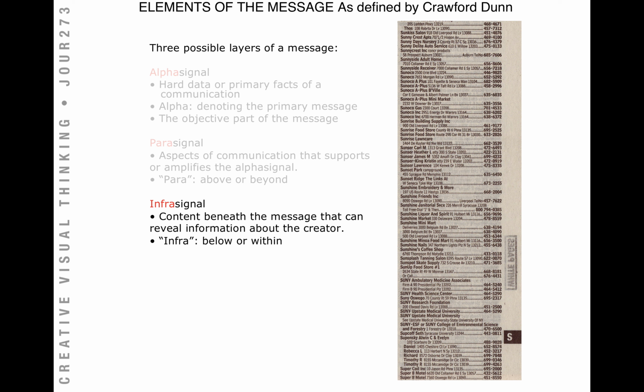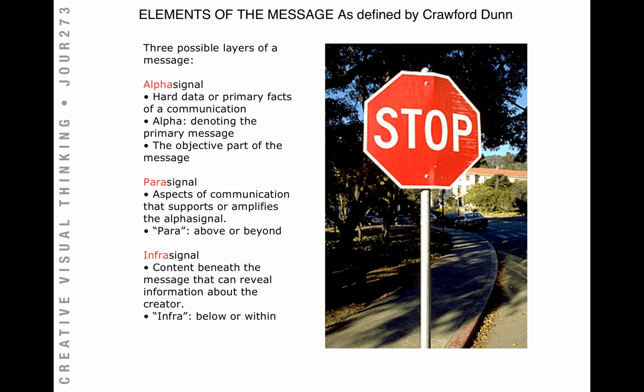Like, for instance, the yellowing of the paper. Obviously, we can see through to the back side of the paper, so it's really thin, it's cheap paper, little money spent on it. That's the infrasignal. That's the information that's really transmitted without intention.